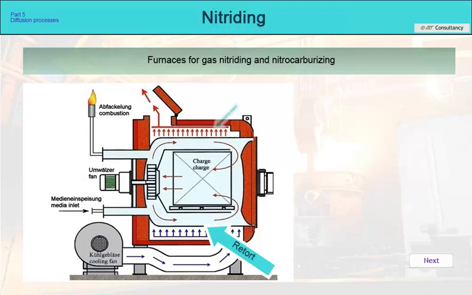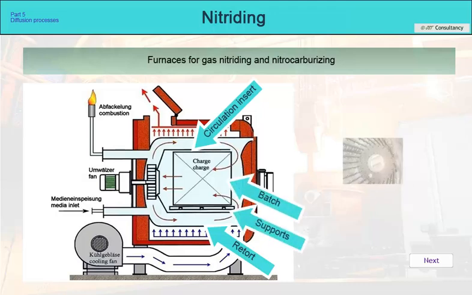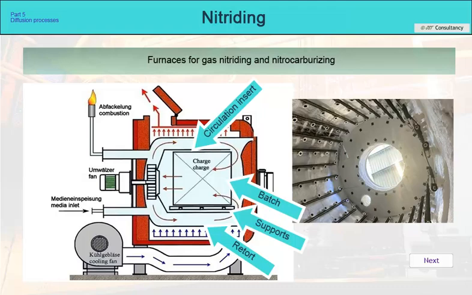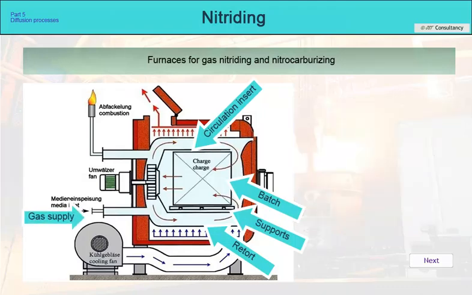Inside the retort is a circulation insert, directing the flow of the working gas, and supports for the batch. Heating is placed around the retort, either with gas burners or electric. The working gas itself is fed into the working space, and its flow is accelerated by a circulation fan.